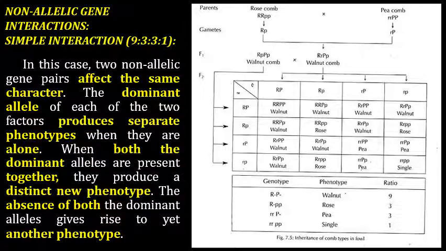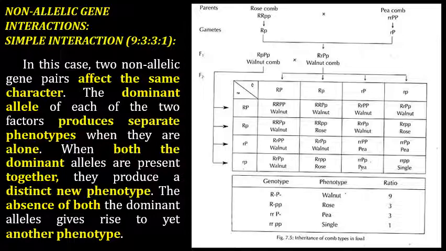But this ratio, 9:3:3:1, is different from the common ratio. So let us see what type of ratio simple interaction shows and what the actual condition is in this particular gene interaction.